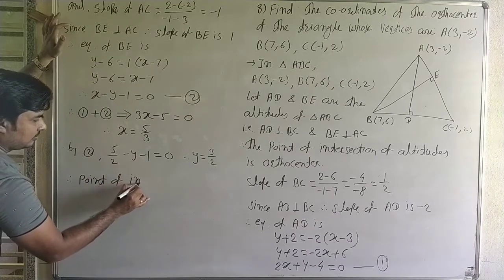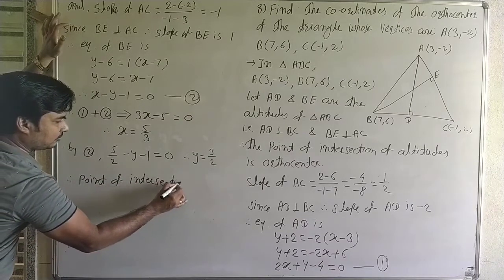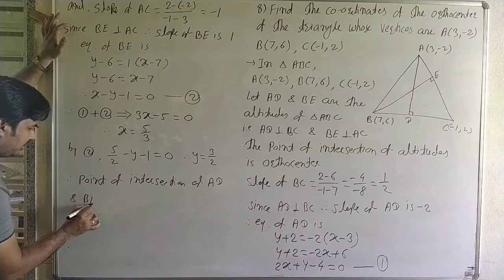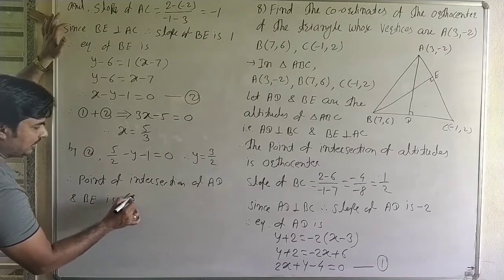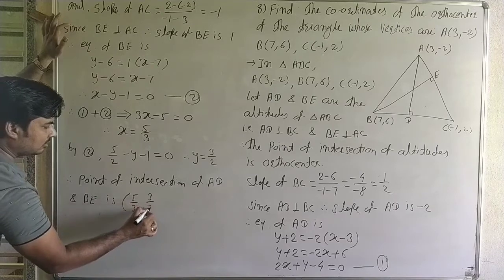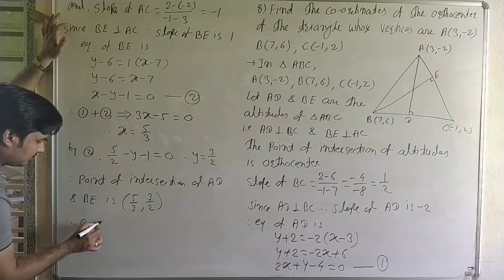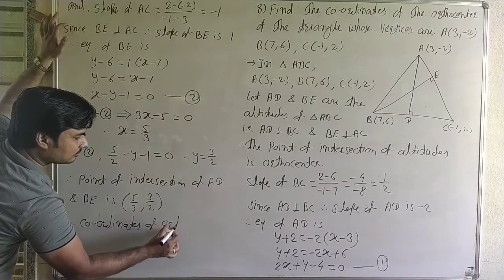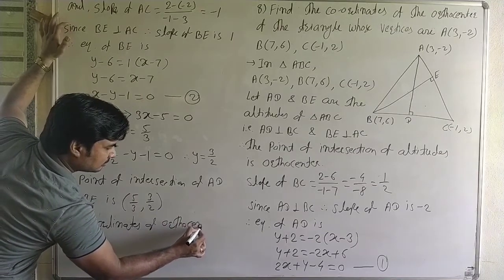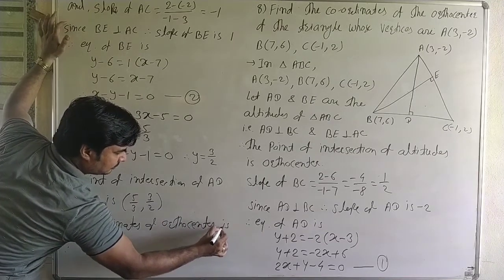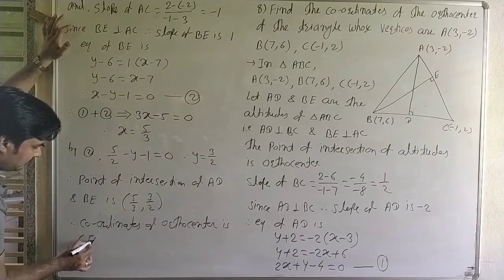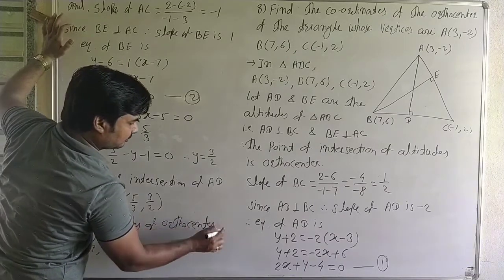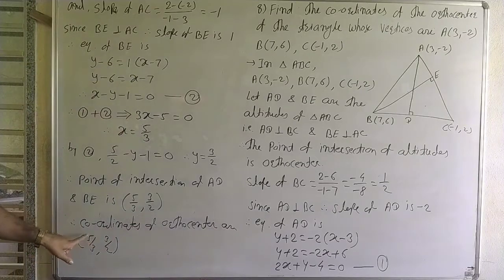The point of intersection of AD and BE is (x, y), that is (5/3, 3/2), and therefore the coordinates of the orthocenter are (5/3, 3/2).